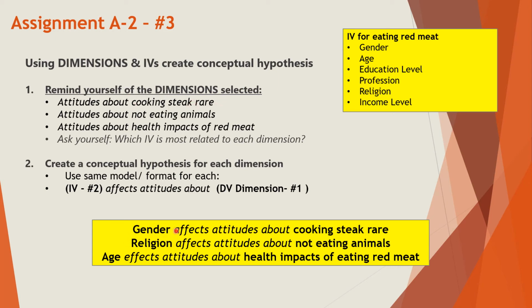The independent variable religion from our list affects attitudes about not eating animals. And our independent variable of age affects attitudes about the health impacts of eating red meat. So notice here, all we've done is figured out which one we think is most likely to affect that attitude, and then written it in this format. So the yellow box at the bottom is your answer to step number 3.